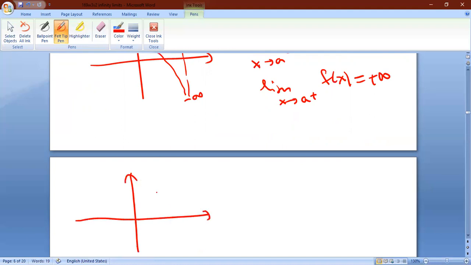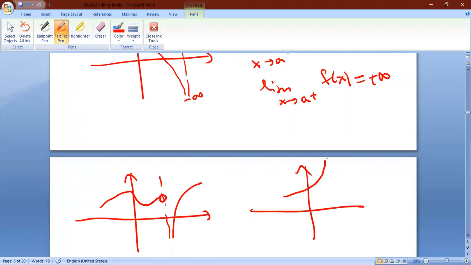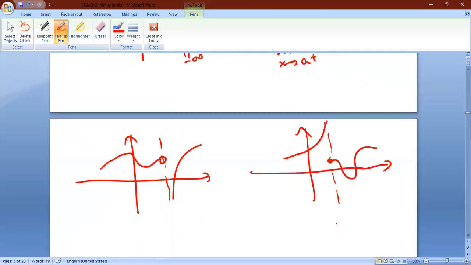This is also possible. Let's say the function goes like this until a, and then it can go like this. Or you can have something like this, and then the function can be going like this. These are also possibilities.